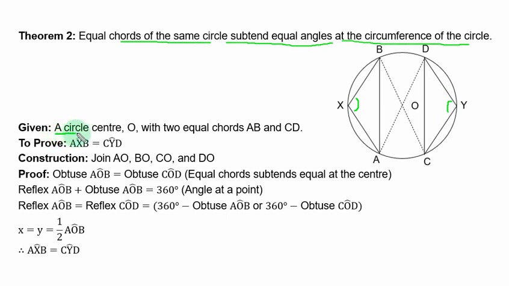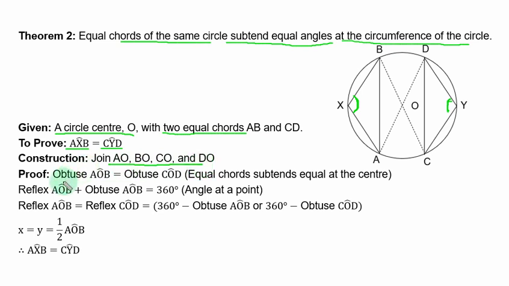Given a circle center O with two chords AB and CD, to prove angle ASB, that is, this angle is equal to angle CYD, that is this angle. Construction: join AO, BO, CO, and DO.